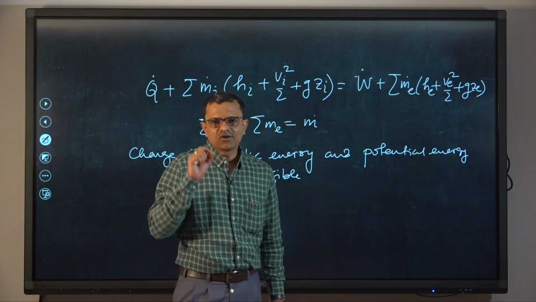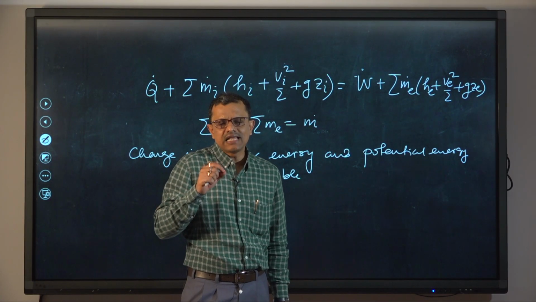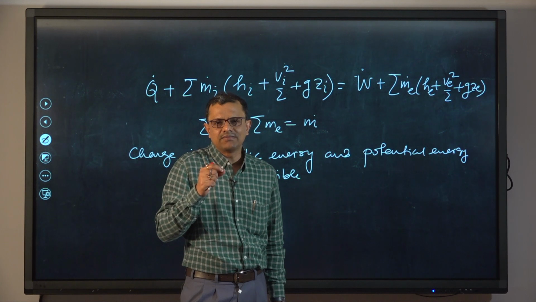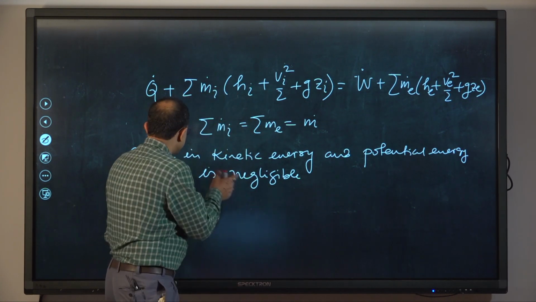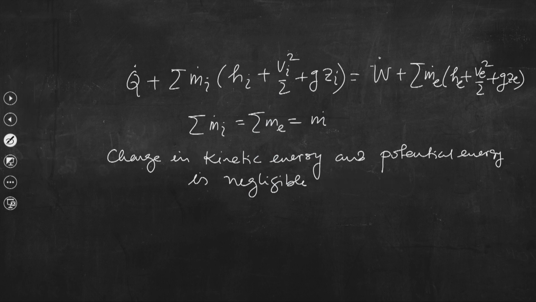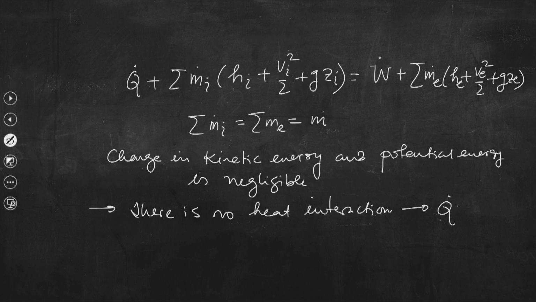The height of the compressor is very low, so the change in elevation, that is the change in potential energy, can be ignored as compared to the change in enthalpy. We are also going to consider the change in kinetic energy small as compared to the change in enthalpy. And there is no heat interaction between the compressor and surroundings. So, that means we can write Q dot equal to 0.